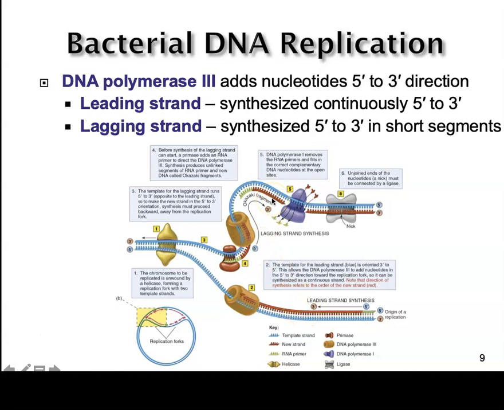The other strand is called the lagging strand, and synthesis is going to happen in the opposite direction, and it's going to be in little pieces. And that has to do with DNA polymerase 3. So there's two issues. One, it can only synthesize in the 5 to 3 direction. That's one thing. And so if you take a look at this, in order for it to go, look at the top strand, in order for it to go from 5 to 3, it has to go to the right.